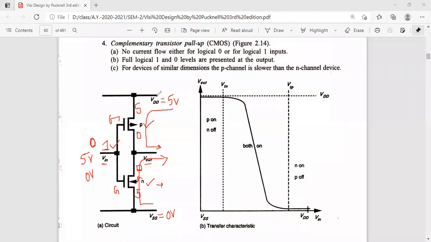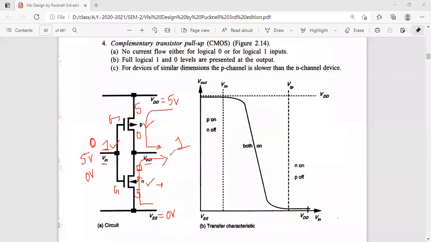The 5 volts present on VDD is going to come at the output, which means logic 1.